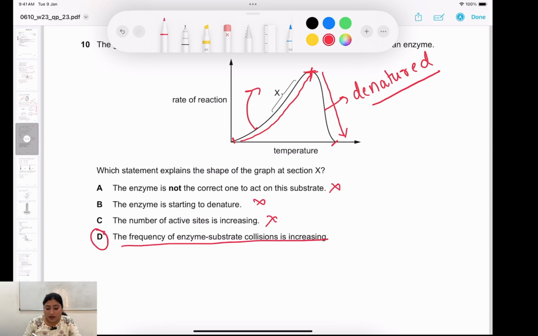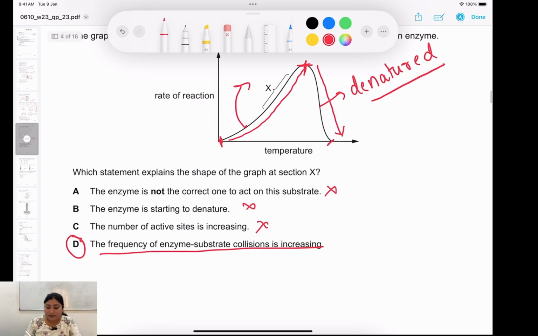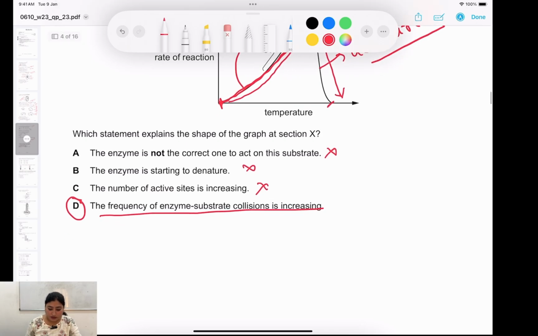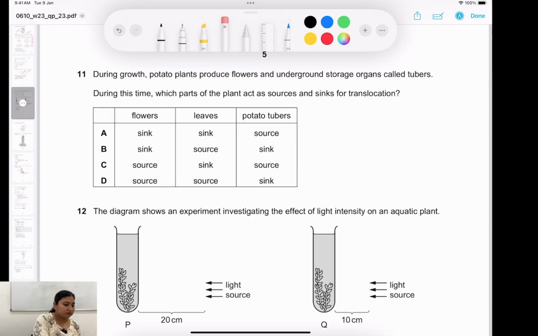Why is this happening? Because as we increase the temperature from a low temperature to the optimum temperature of the enzyme, from this point to this point, the rate of enzyme activity increases. So this is the appropriate answer for question number 10.